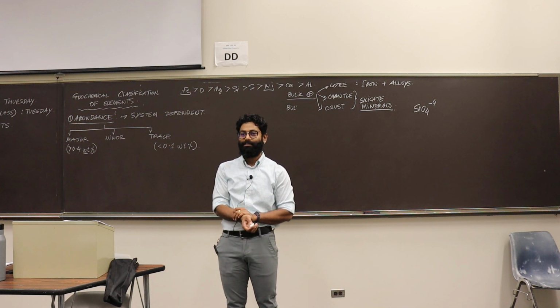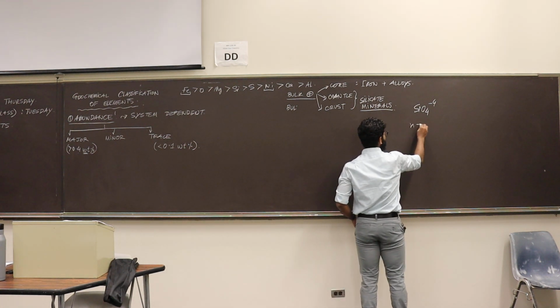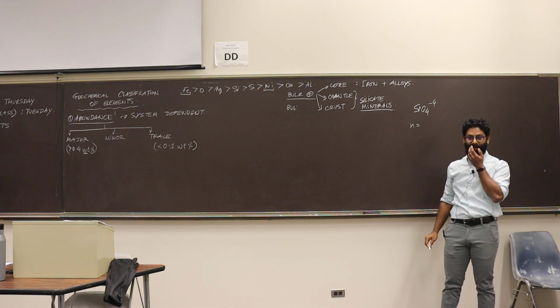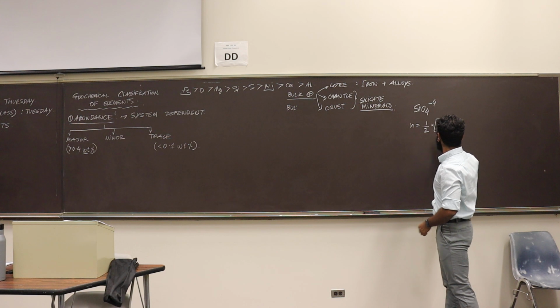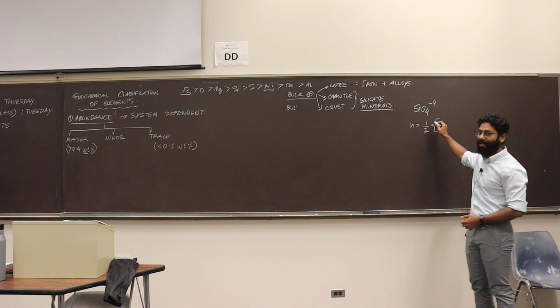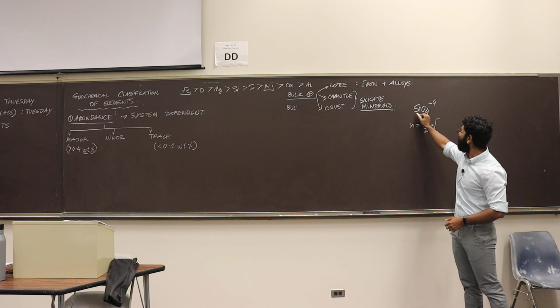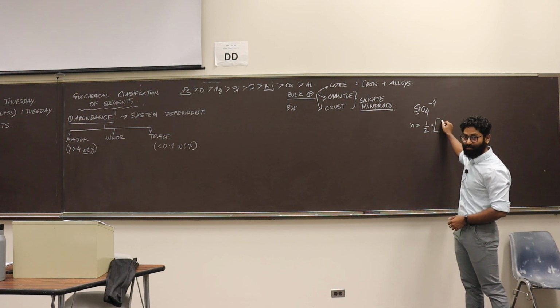Because there are 4 oxygens. So what's the N that we were calculating? It was half times, what's the central atom? Silicon, right? So how many outermost electrons?